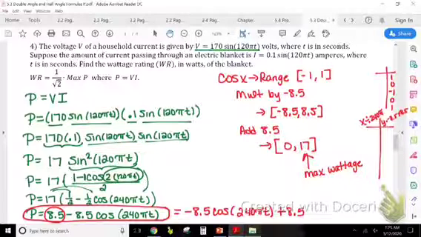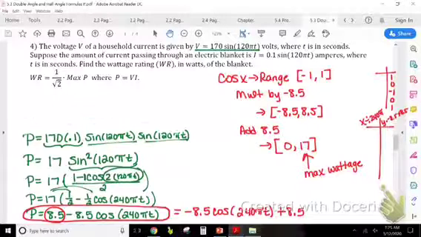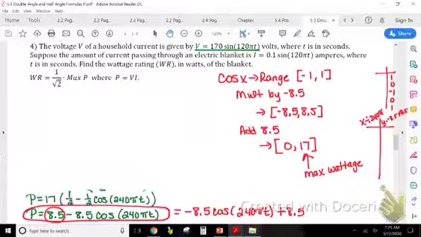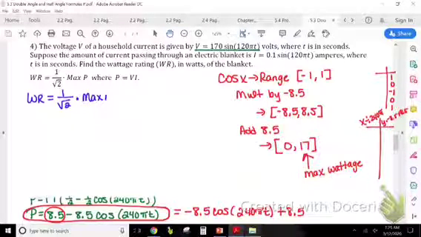All right. I'm going to erase some of what I have over here on the left so that I have room to write it out. All right, so to find your wattage rating, you know it's 1 over the square root of 2 times that maximum P. So it's 1 over the square root of 2 times what? 17.